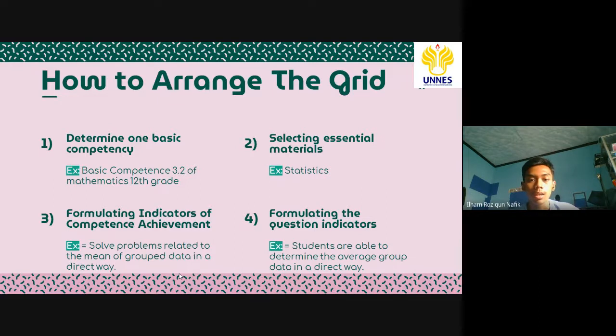For example, in basic competence 3.2 of mathematics 12th grade, there is a material about statistics. And the third is formulating indicators of competence achievement. For example, solve problems related to the mean of group data in a direct way. And next is formulating the questions indicators. For example, students are able to determine the average group data in a direct way.